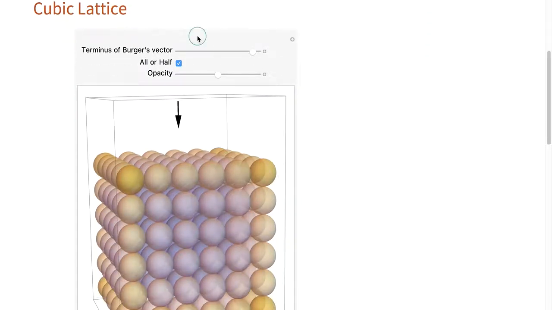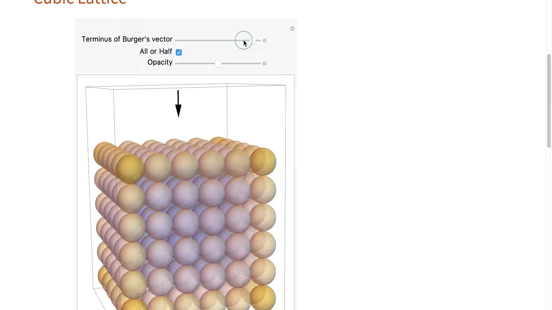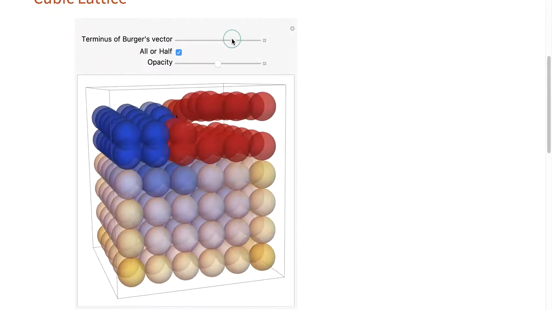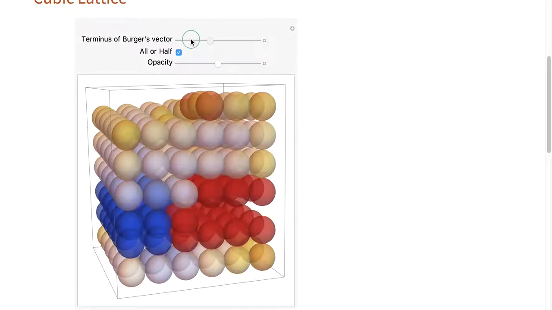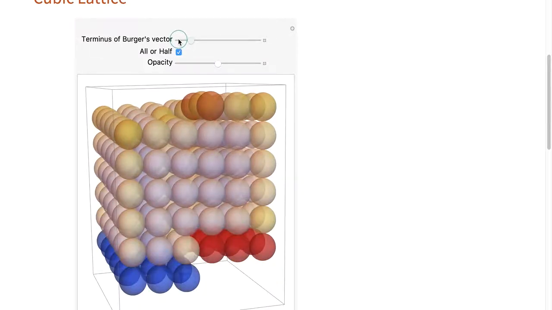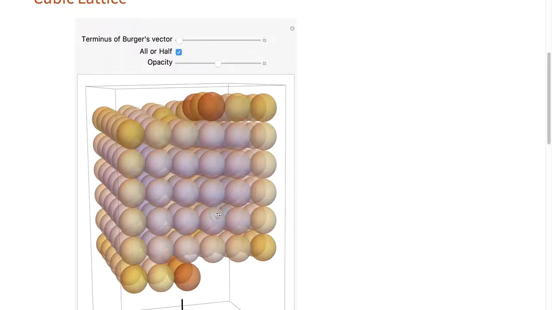Here is a cubic lattice, and as I move the terminus of the Burgers vector through, you see this layer of high and low energy moving through the whole system until it passes all the way through, and now you have the geometry that you can tell is of a screw dislocation.